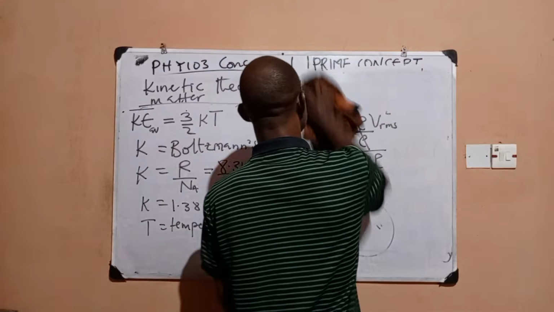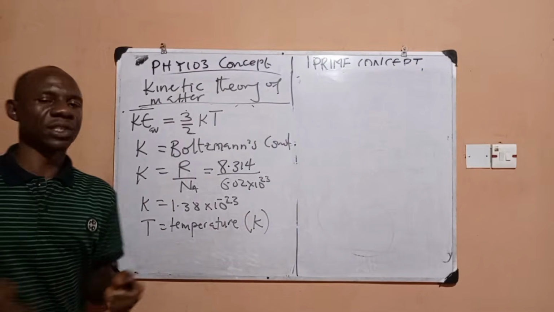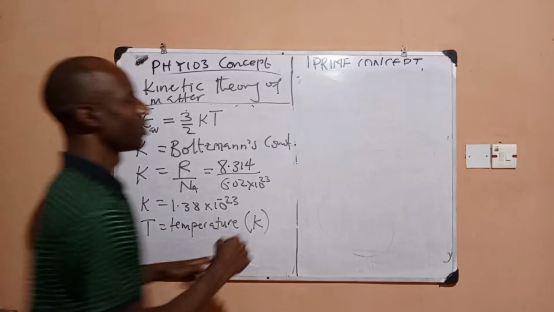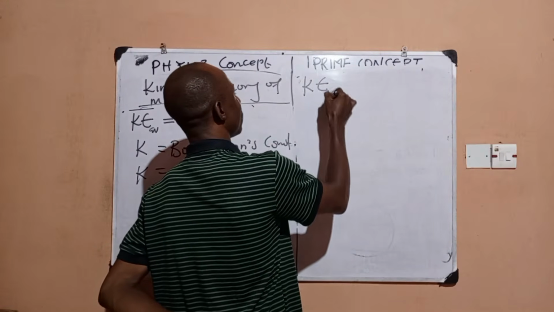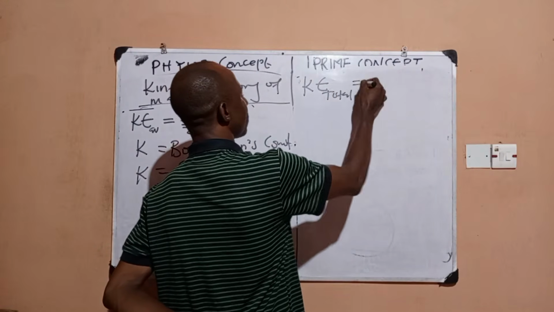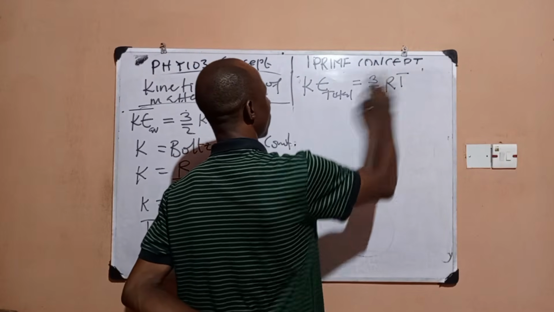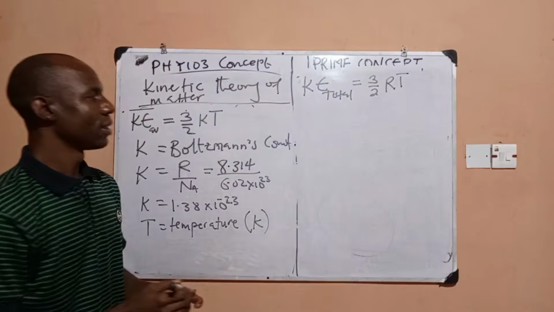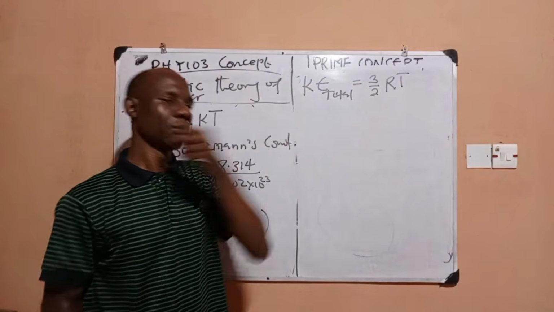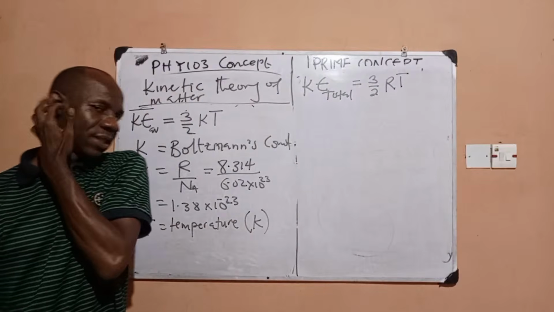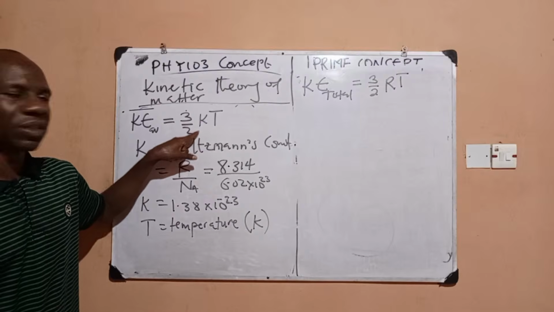So what if they want you to find total kinetic energy? Remember, the earlier formula is for average. Total kinetic energy is 3 over 2 RT. Of course, for 1 mole of gas, it is 3 over 2 RT. That is the formula for finding total kinetic energy, while average is in terms of the Boltzmann constant.